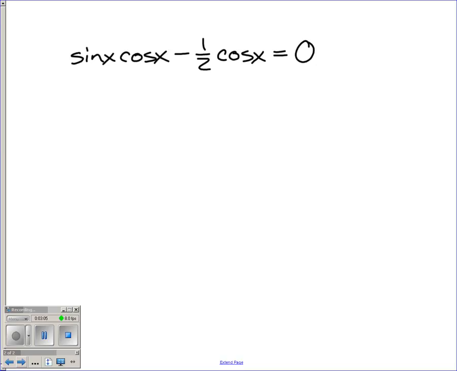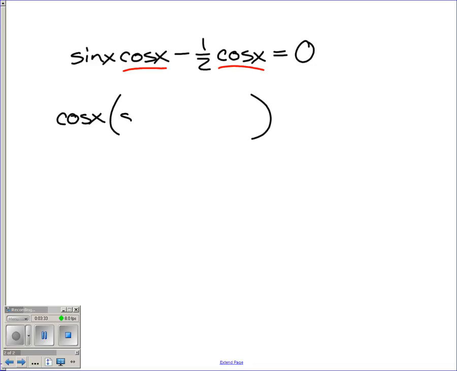Well, let's take a look at this. The very first thing, this is different than the previous three sections. It's an equation, so we've got to solve for something. Both of these two terms have a common factor of cosine of x. So I'm going to bring that out, have cosine of x times what's left over.